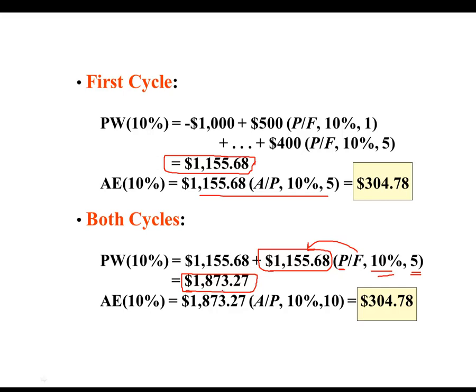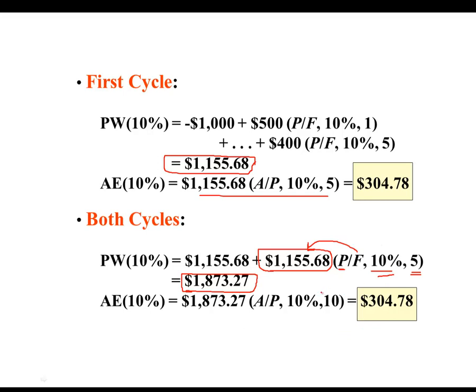Using this new present worth to find the annual equivalence with 10% over 10 years or 10 periods, it will equal $304.78, which is the same value as for the 5 years.